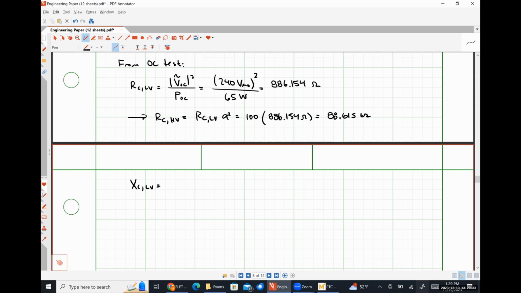My reactance on the low voltage side, sorry, that should be X sub M, my apologies, is 1 divided by the square root of IOC over VOC, quantity squared, minus 1 over RC on the high voltage side, squared.